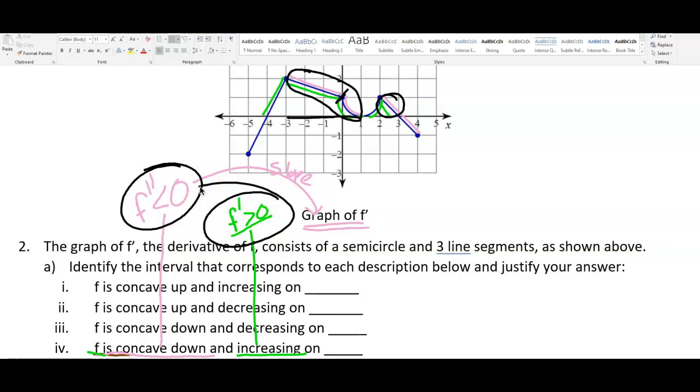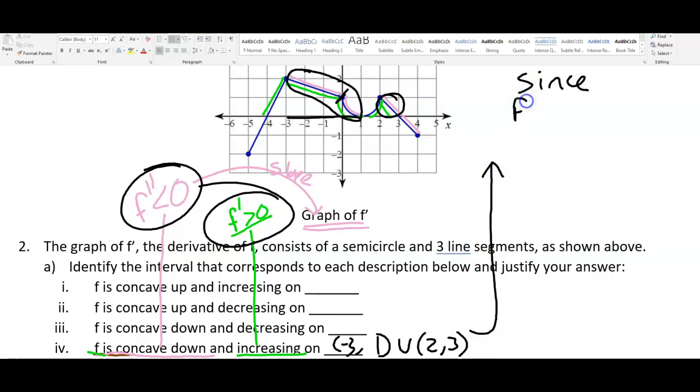So we would say, for example, on number 5, you get a point for your answer. First of all, my answer would be from -3 to 1, as well as from 2 to 3. And then I would say, here's my reason. Since f double prime is less than 0 and f prime is greater than 0 on those intervals.